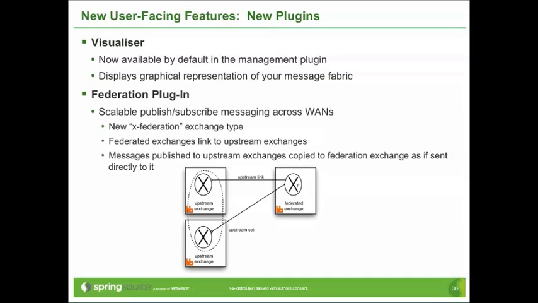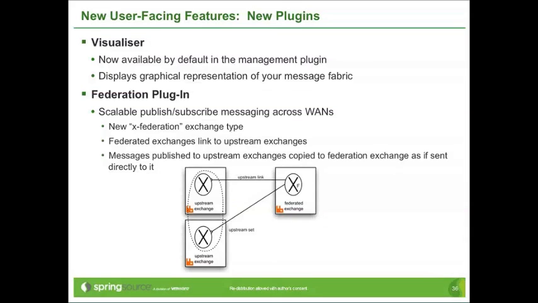The purpose of Federation is to provide scalable pub/sub messaging across WANs. So you get a new Federation exchange type, which has behind it a backing exchange of one of the regular types. Then a federated exchange on a broker is linked over the WAN to an upstream exchange in another broker, and messages published to the upstream exchanges are copied downstream to the Federation exchange as if they'd gone directly to it.